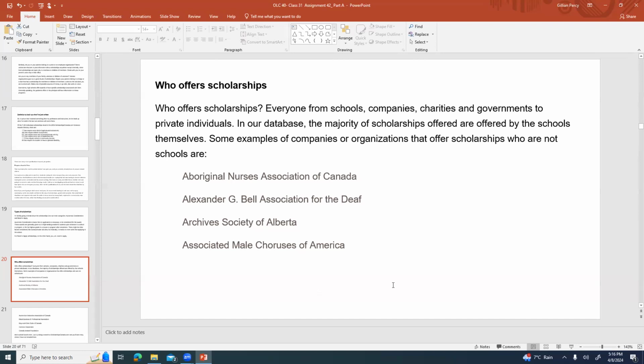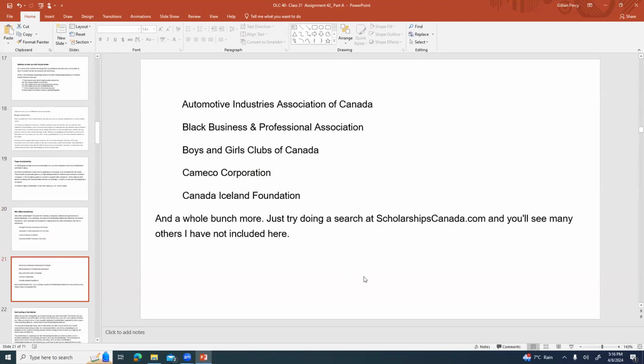Some examples of companies or organizations that offer scholarships who are not schools are Aboriginal Nurses Association of Canada, Alexander Graham Bell Association for the Deaf, Archives Society of Alberta, Associated Male Choruses of America, Automotive Industries Association of Canada, Black Business and Professional Association, Boys and Girls Clubs of Canada, Kimiko Corporation, Canada Iceland Foundation, and a whole bunch more. Just try doing a search at scholarshipscanada.com and you'll see many others I have not included here.